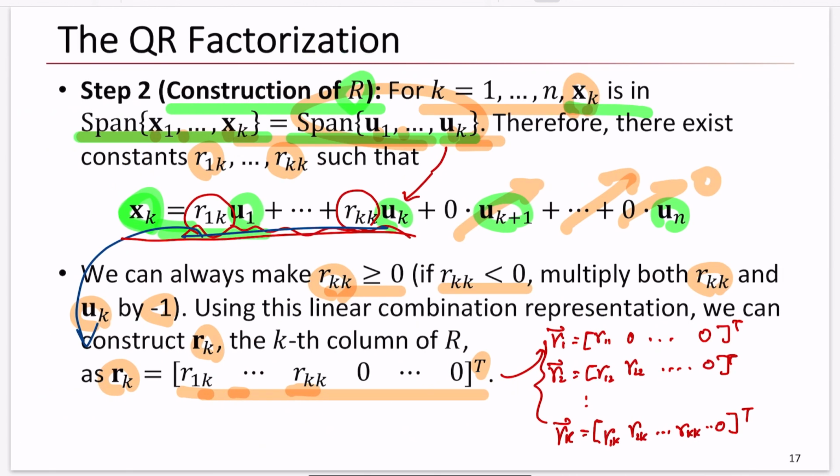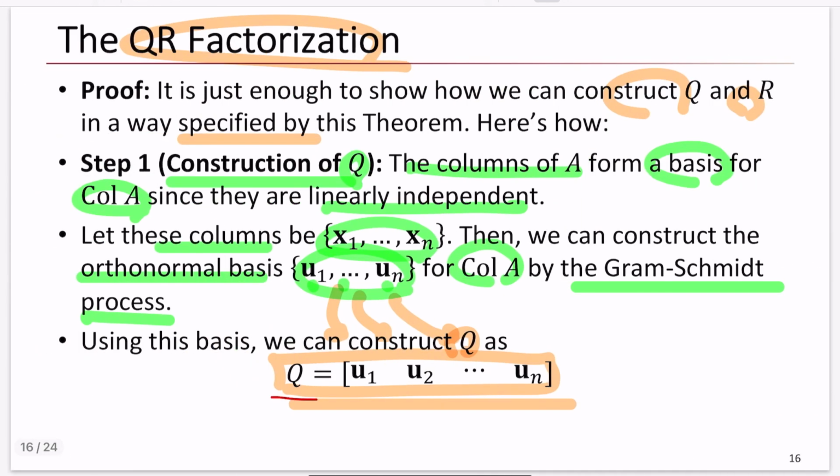Why? Because when we assume that Q is just like this one, right? Q is the linear combination of u1. Q is just a matrix with u1, u2, up to un.